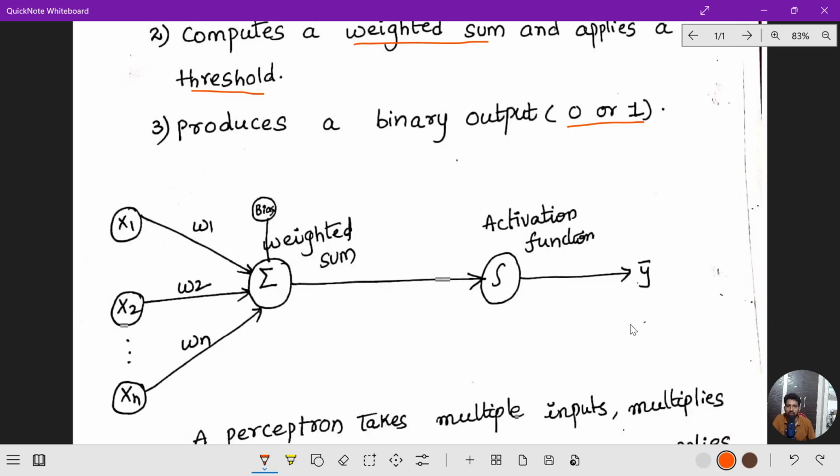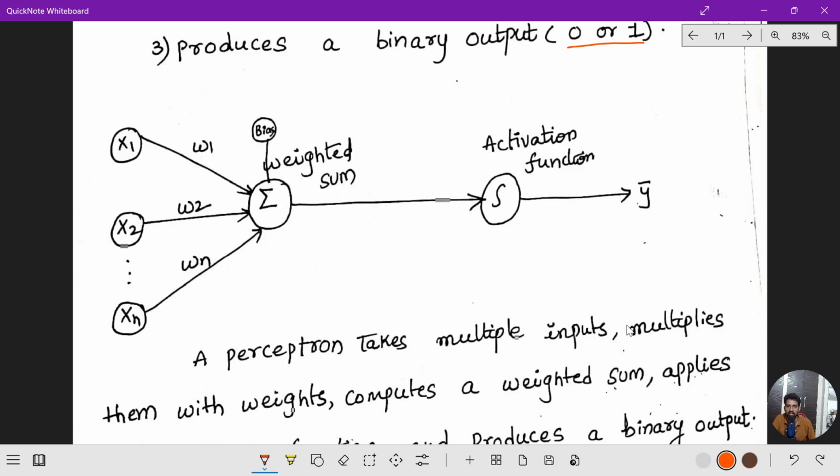Okay, so one of the most important diagrams for this Perceptron algorithm. This is the main important diagram you have to write in the examination also. You can see here, this is called a Perceptron diagram. So what is going to happen here? x1, x2, xn are called input values, and w1, w2, wn are called weights.